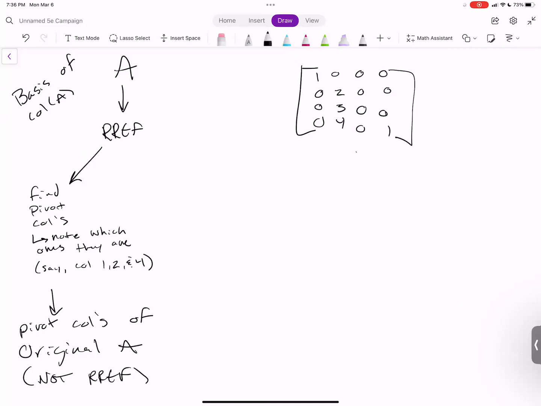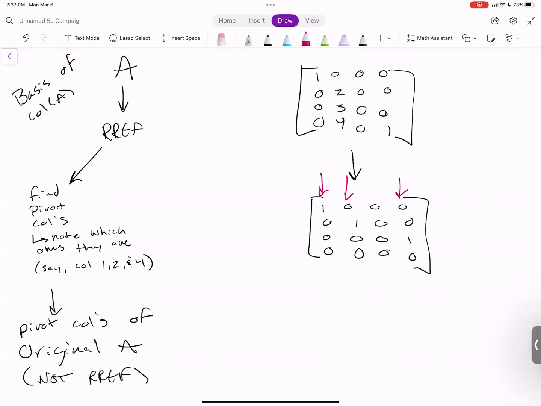This matrix here, spoiler alert, it row reduces to 1 0 0 0, 0 1 0 0, 0 0 1 0, 0 0 0 0. So if I'm given this matrix and asked to find a basis for the column space, first reduce to row echelon form. Then I note this column and this column have pivots.